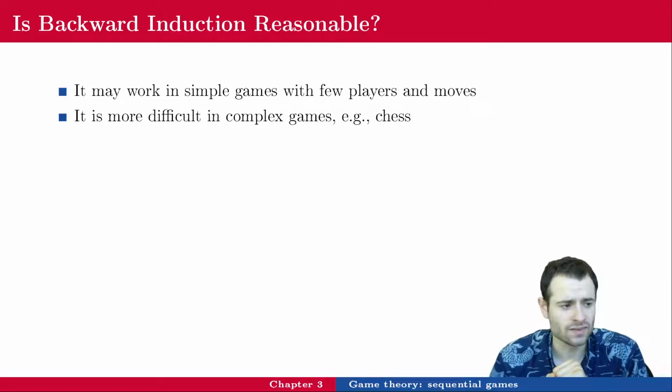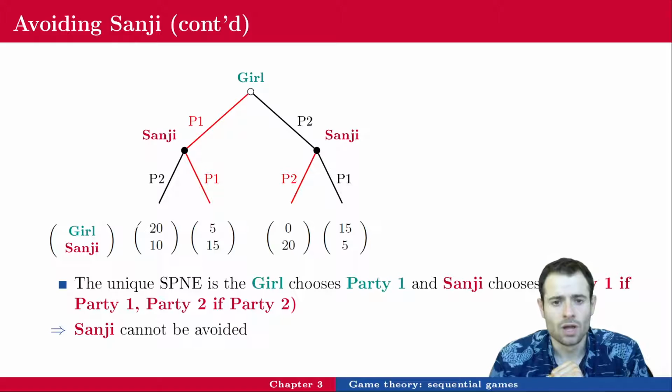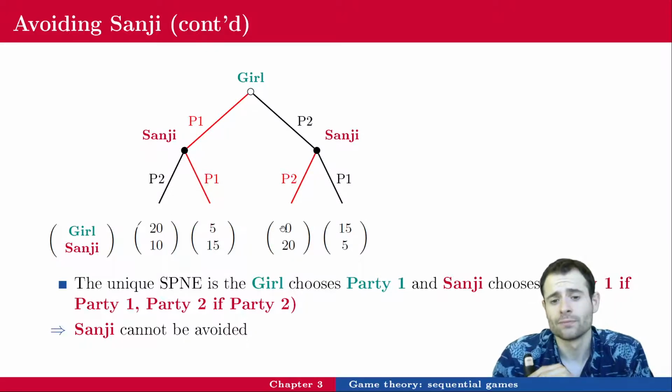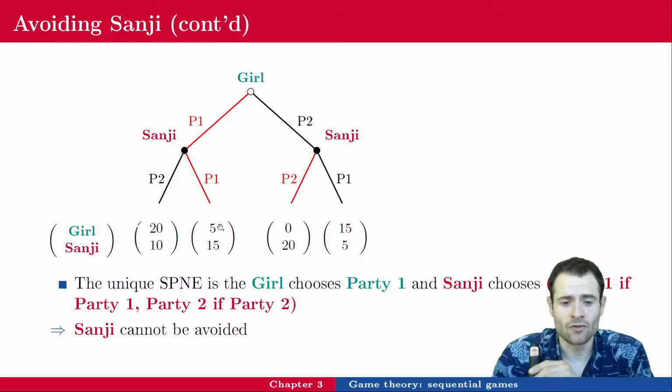I have a question in the chat. Why didn't the girl play P2? Because if she plays P2, Sanji also plays P2, and she ends up with a payoff of 0. Between P1 and a payoff of 5, and P2 and a payoff of 0, she prefers P1 and a payoff of 5. She is going to meet Sanji no matter what.